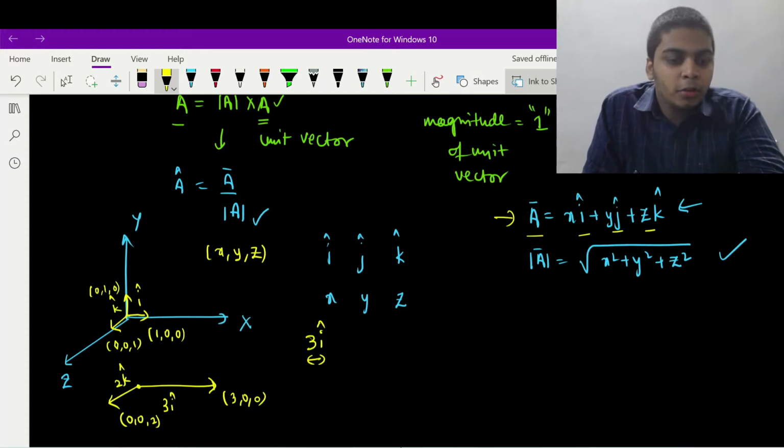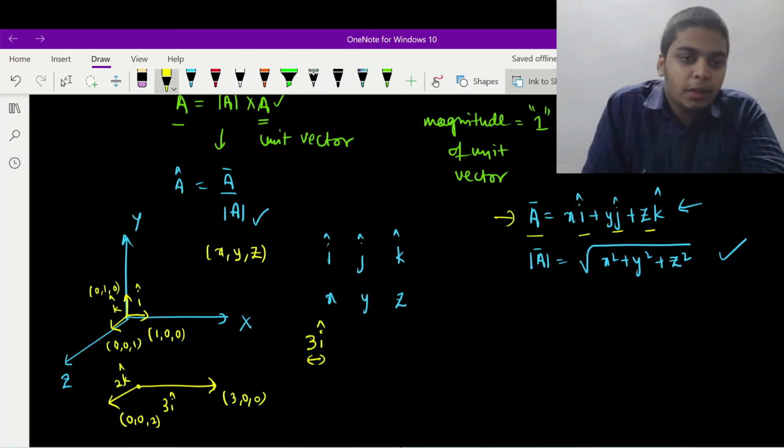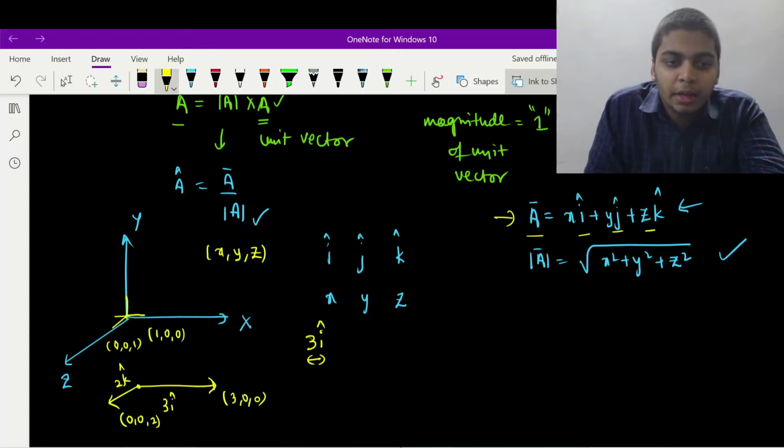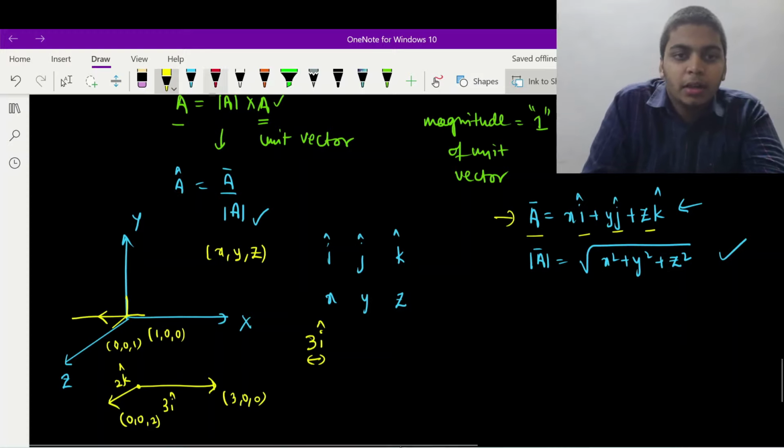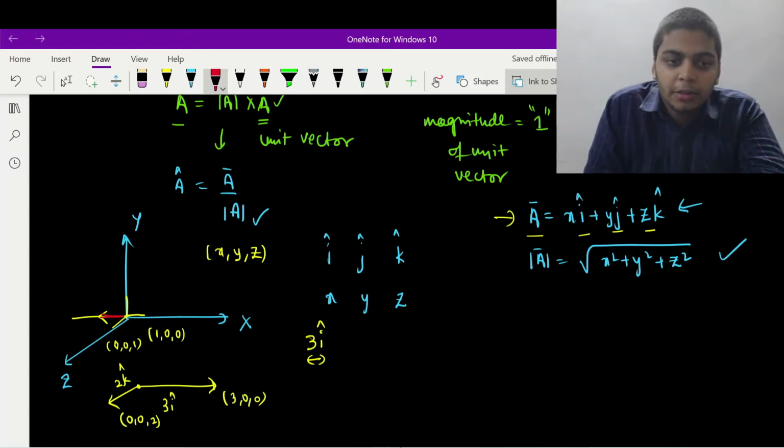And here I also want you to know, if I have a vector which is starting from origin and tending towards your negative x-axis, and this point would be minus 3 comma 0 comma 0. Then you see that when a vector was 3 comma 0 comma 0, this was your 3 i cap, right?